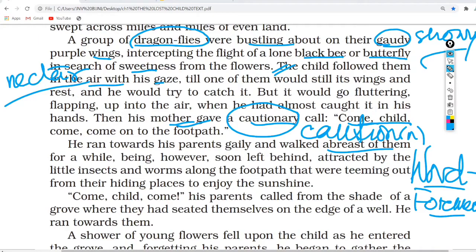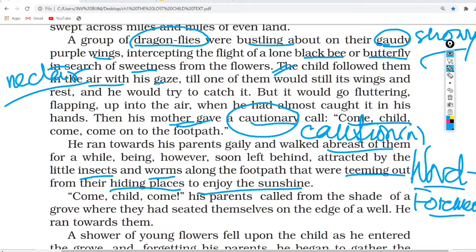Then let us proceed. He ran towards his parents daily and walked abreast of them for a while, being, however, soon left behind, attracted by the little insects and worms along the footpath that were teeming out from their hiding places to enjoy the sunshine.